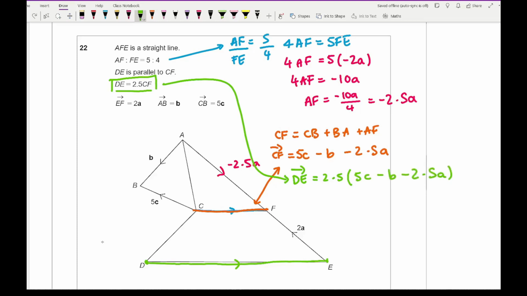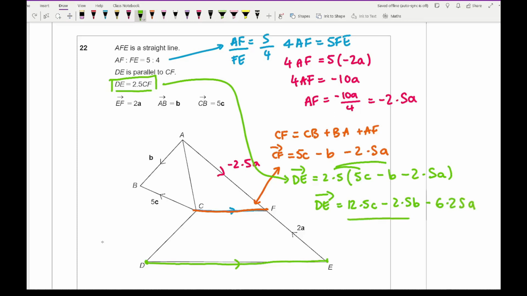So then if I multiply out all of those, I get D to E is equal to 2.5 times 5, which is 25 over 2, which is 12.5c, minus 2.5 times b, which is just 2.5b, and then I've got minus 2.5 times 2.5, which is 6.25a.